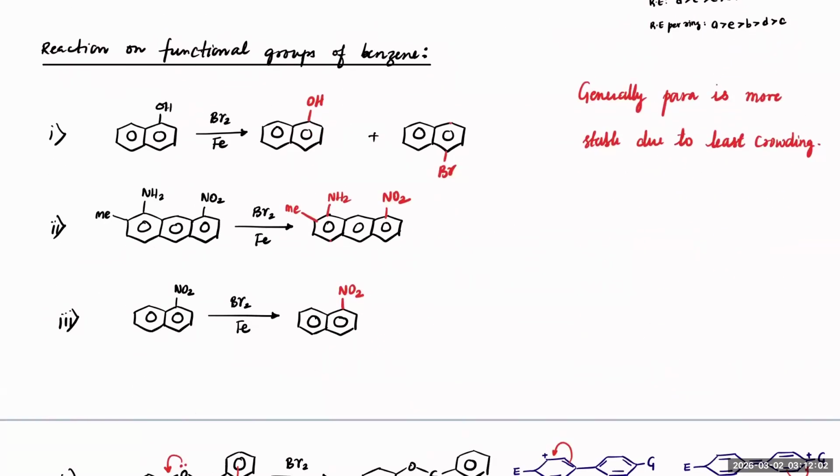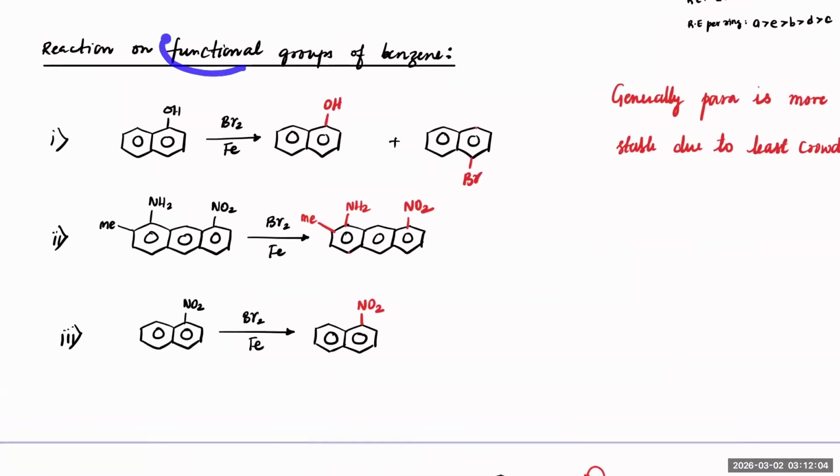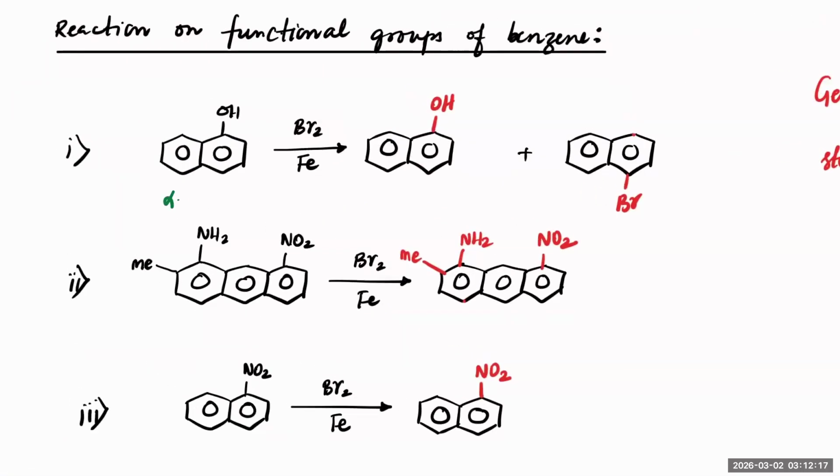Now notice, if reactions are happening on a functional group present on benzene, like see, there is benzene and another benzene which has OH on it, this is called alpha naphthol. In the case of alpha naphthol, when you have to do bromination, for example, then between the benzene ring and the phenol ring, which is more activated?